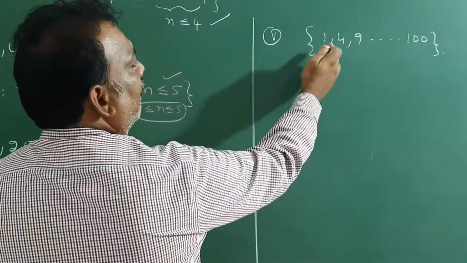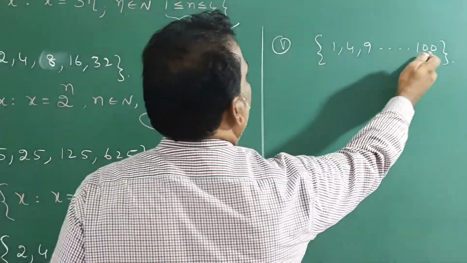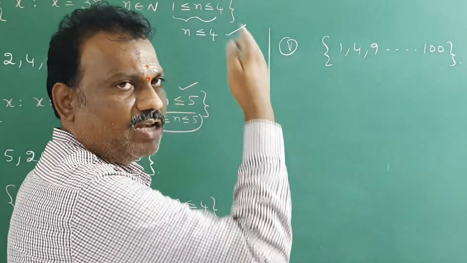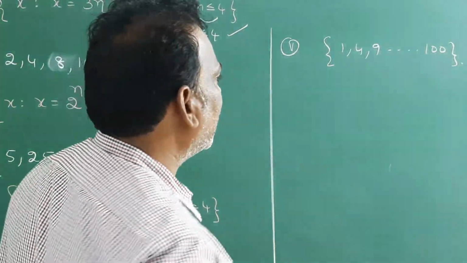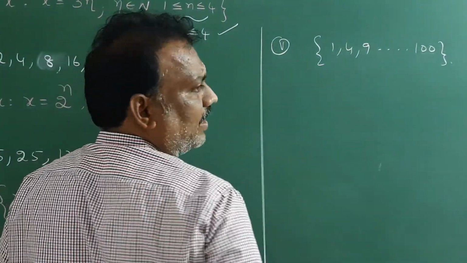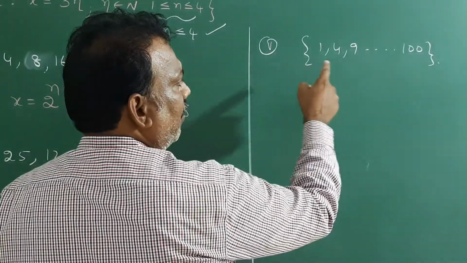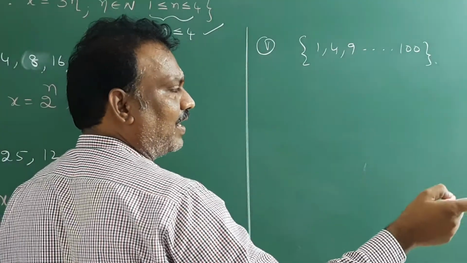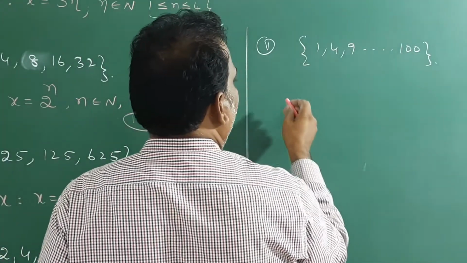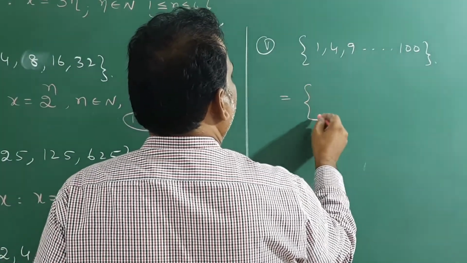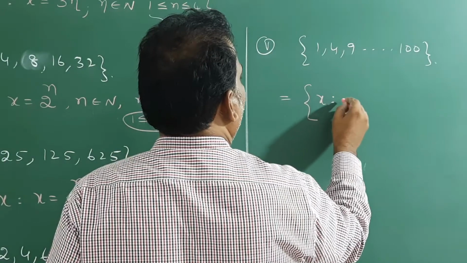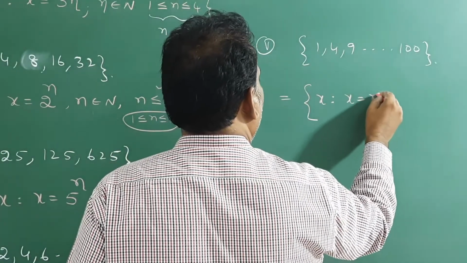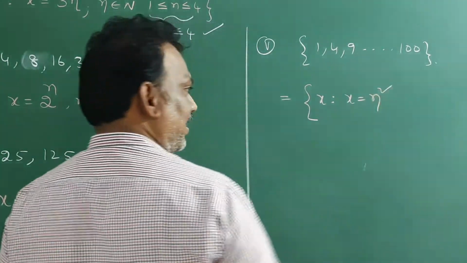set of 1, 4, 9 and so on up to 100. They also possess one particular property. What is that particular property? They are in the form of squares: 1 square, 2 square, 3 square, 4 square and so on up to 10 square. Correct or not, students? So now, set of x such that x is equal to n square.